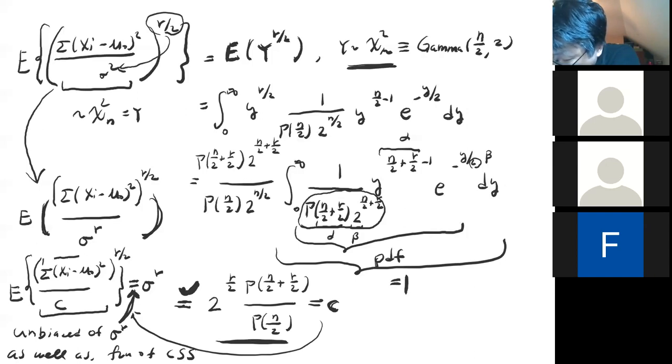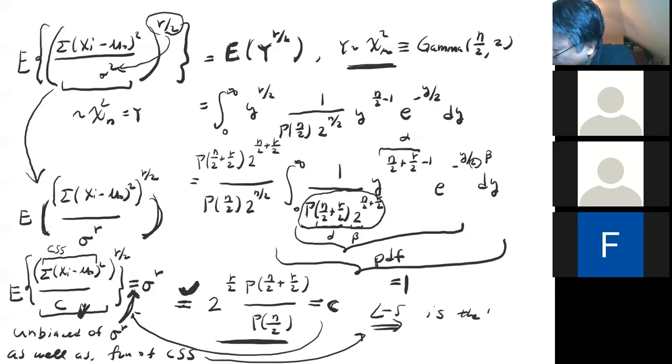This guy is a complete sufficient statistic. Okay. So again, by Lehmann-Scheffé, I do know this guy right here is the UMVUE. Making sense?